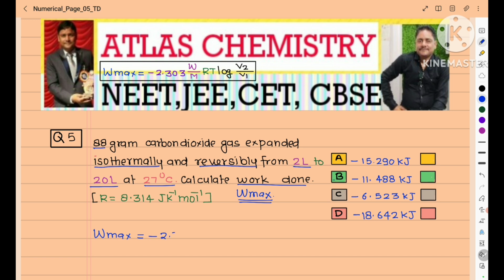So the formula of W max is minus 2.303 nRT log base 10 V2 upon V1.